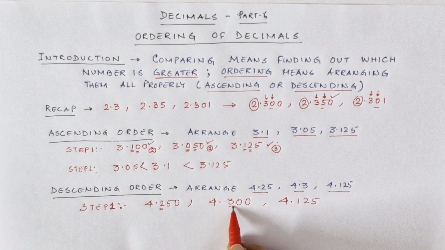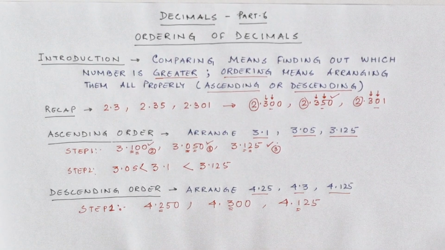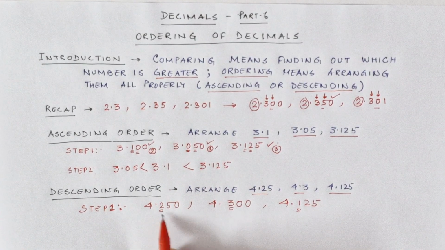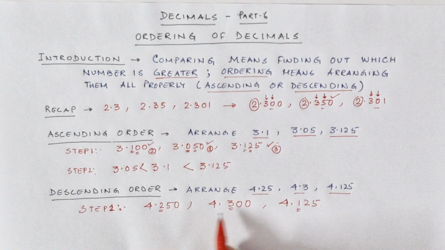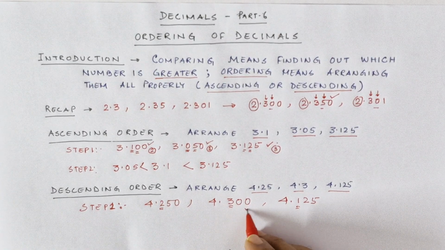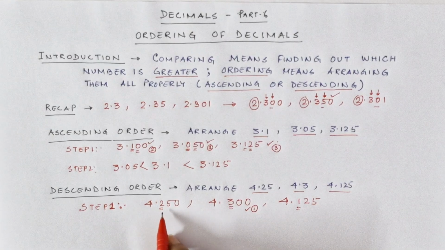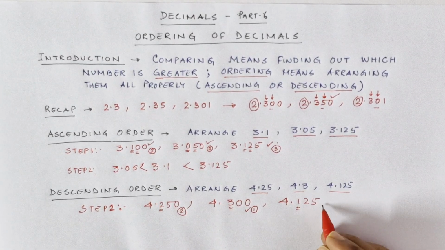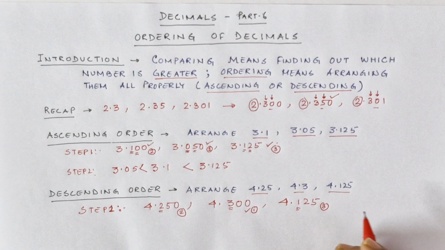This is 2, this is 3, this is 1. Evidently you don't need to go for any other comparison. Why? Because this is 1, this is 2, this is 3. So it is quite evident. This is the greatest. Then comes 2, so this one is the second. Then comes 1, this is the third one.